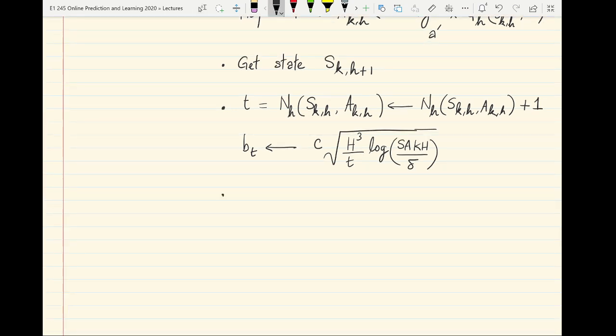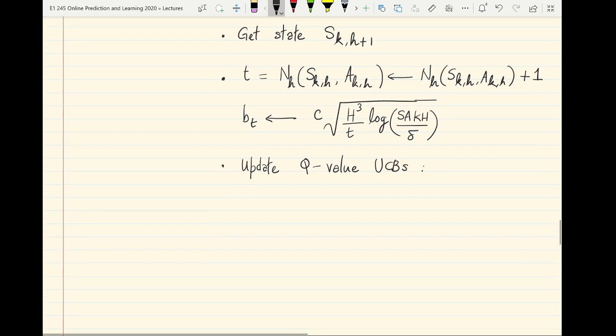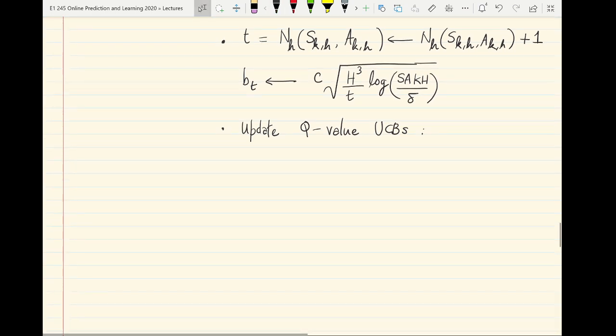And then the final step is to update Q values, the Q value upper confidence bounds, as follows. Q bar h at s_k^h, a_k^h. So this is just the usual Q value update plus an addition of a confidence bound.